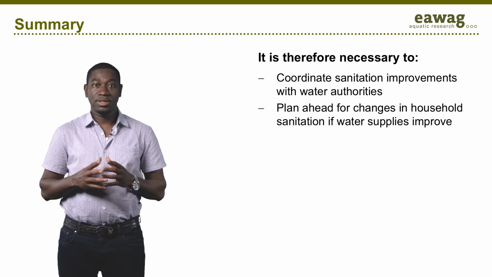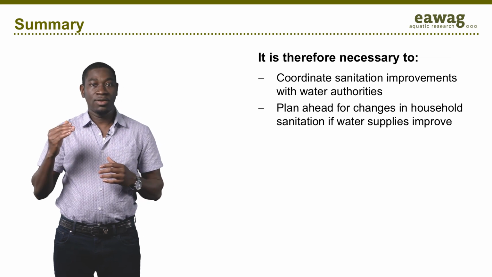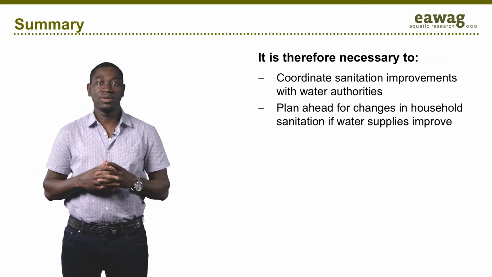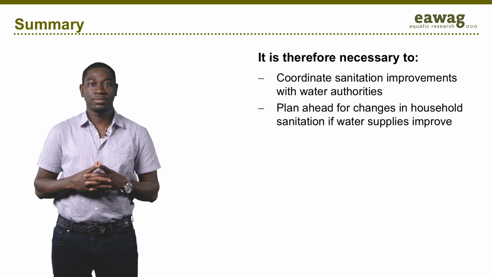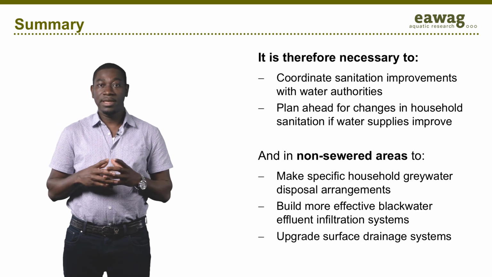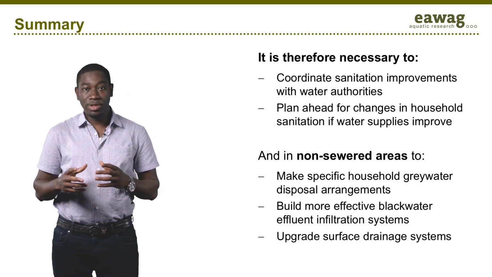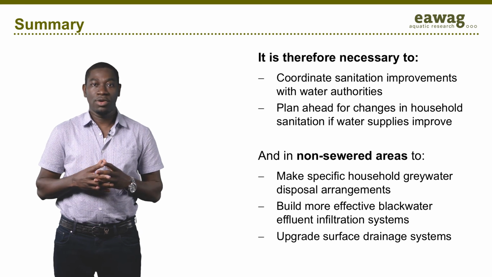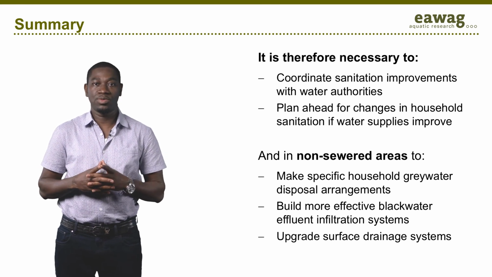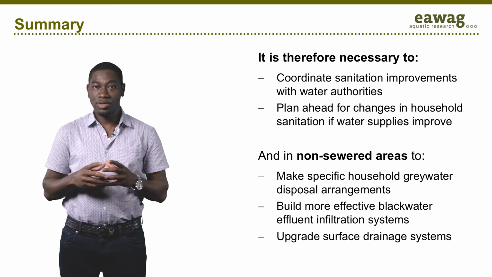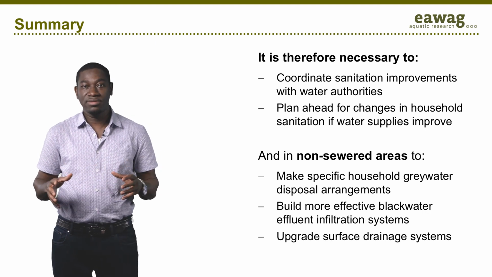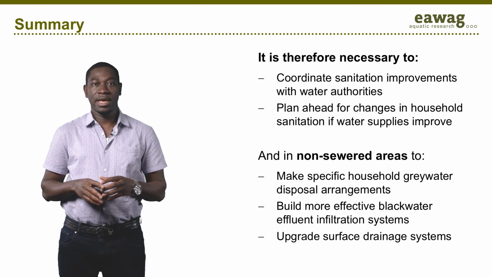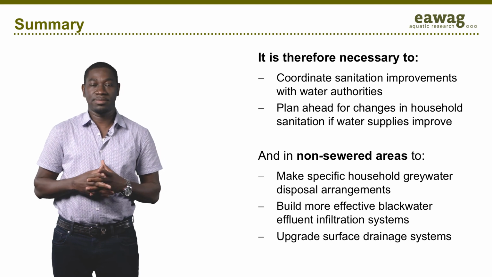It is also important to predict and plan ahead for changes in household sanitation when water supply improves. And in non-sewered areas, it is important to promote and make available options for household greywater disposal. It is also very necessary to build more effective soak-aways for septic tanks and upgrade surface drainage systems.